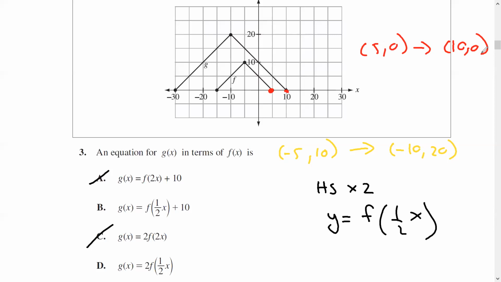If I vertically translated this thing up 10, that would be me adding 10, and this whole graph would have shifted up 10. That doesn't make sense. But if I vertically stretch it by 2, which means I'm multiplying my y values by 2, guess what? That y value isn't going to change. It's going to still stay at 0. So that means it was vertically stretched by 2, which means it looks like we're answer D.